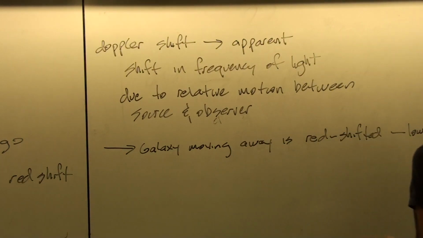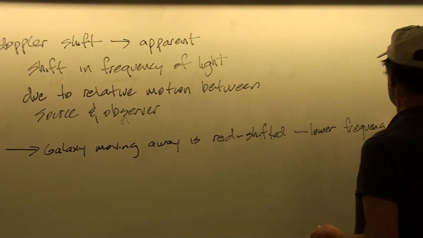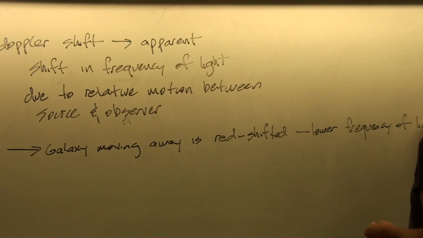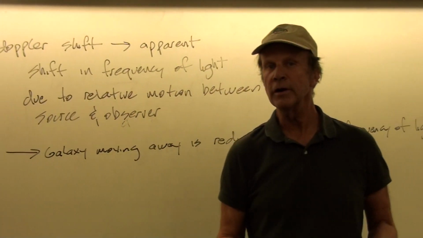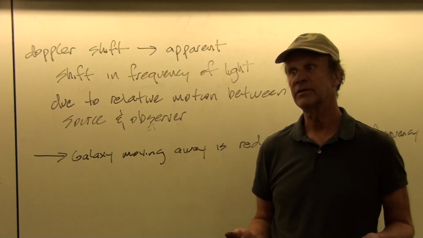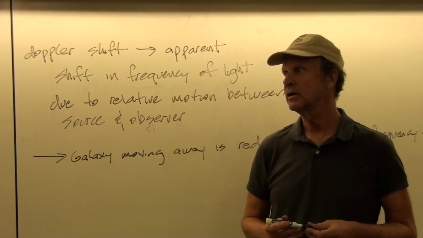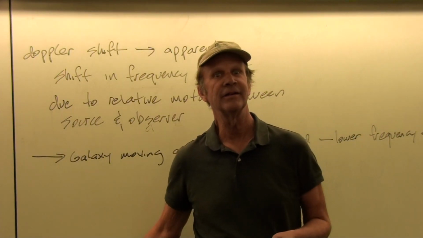So this is the lower frequency of light than blue is. If the galaxies were moving toward us, then we would say that it's blue shifted. And so how do we measure what light is what? Maybe we're seeing some red, we're seeing some blue. How do you tell the difference?